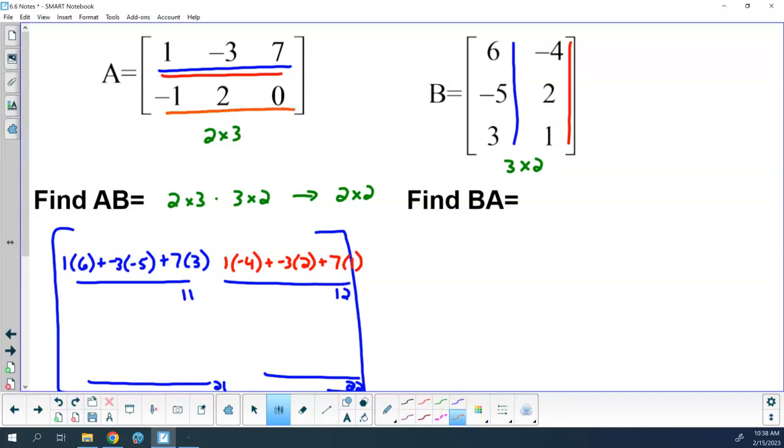Row 2 times column 1. Negative 1 times 6 plus 2 times negative 5 plus 0 times 3.